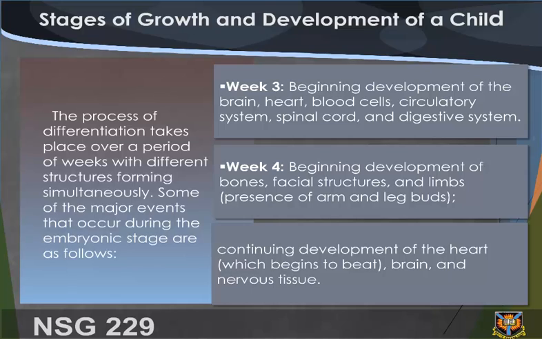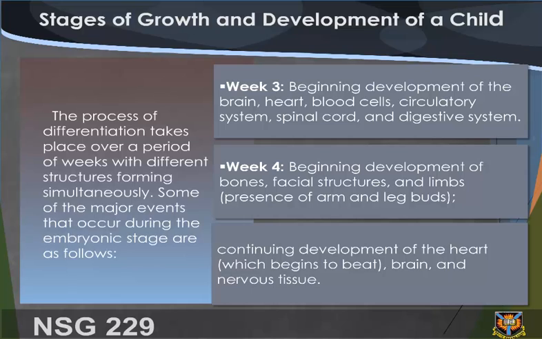Some of the major events that occur during the embryonic stage are as follows. Week 3. Beginning development of the brain, heart, blood cells, circulatory system, spinal cord, and digestive system. Week 4. Beginning development of bones, facial structures and limbs, presence of arm and leg bones.